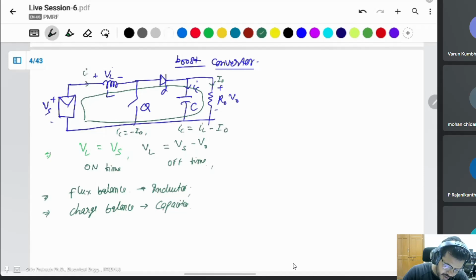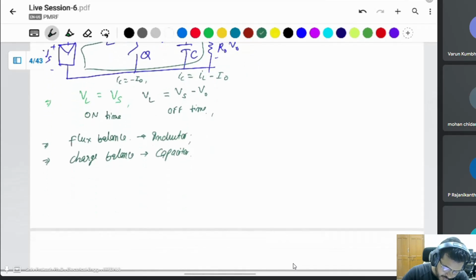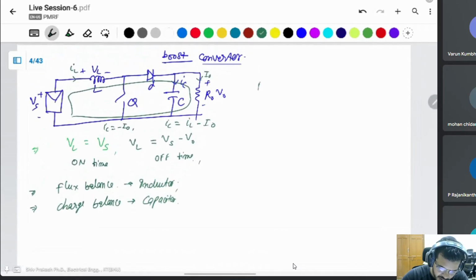This current is IL. Then for the flux balance equation, this is also known as the volt-second balance equation.